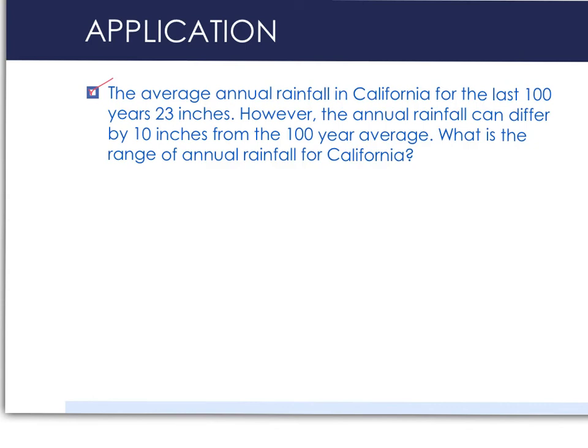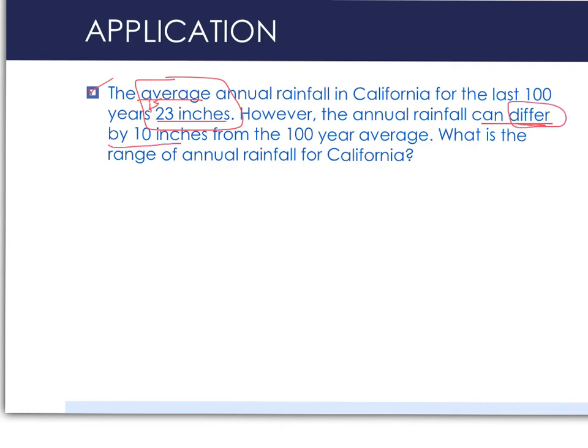The average annual rainfall in California for the last 100 years is 23 inches. The average is, okay? However, that annual rainfall can differ, can change by 10 inches.